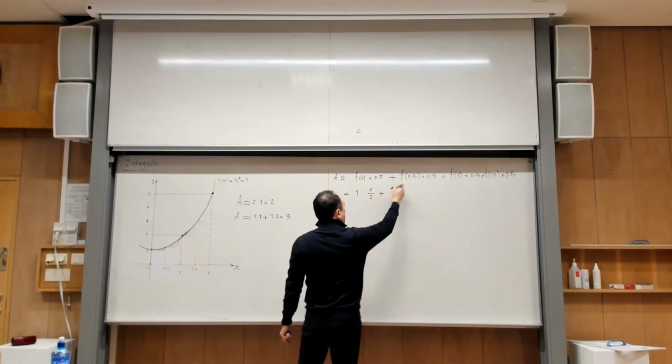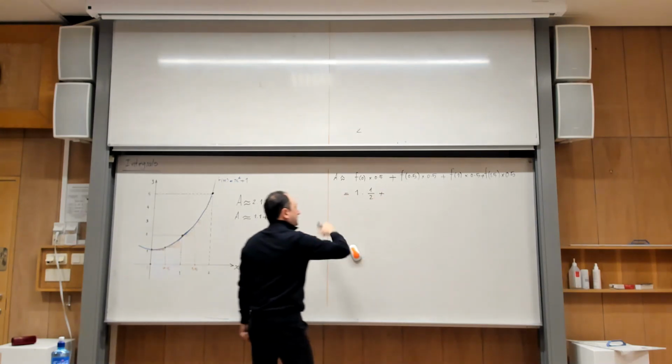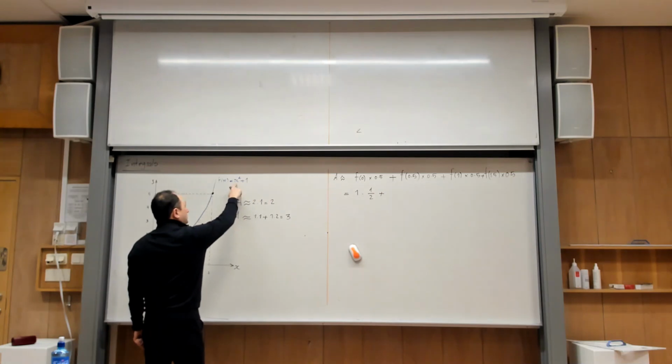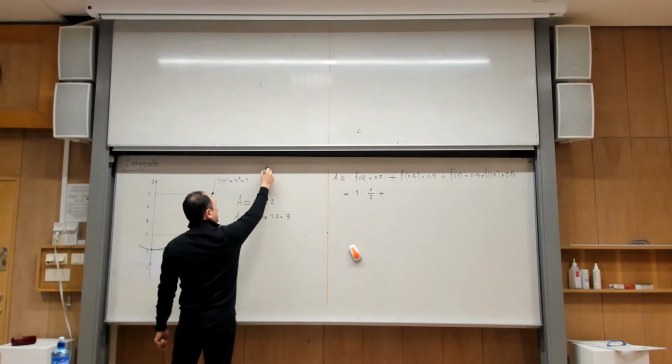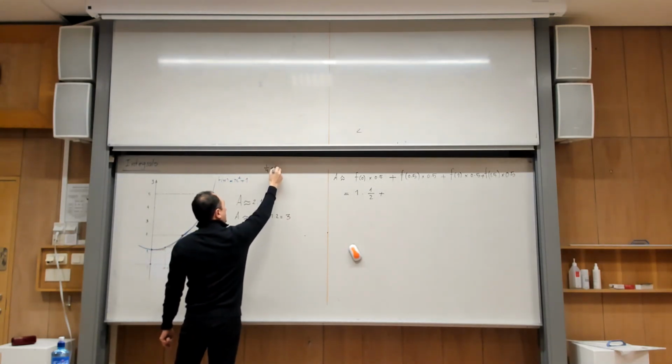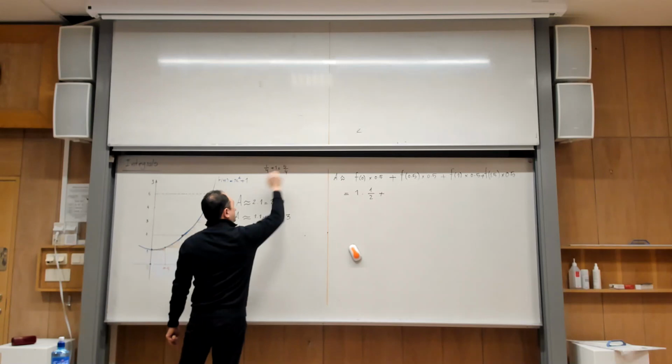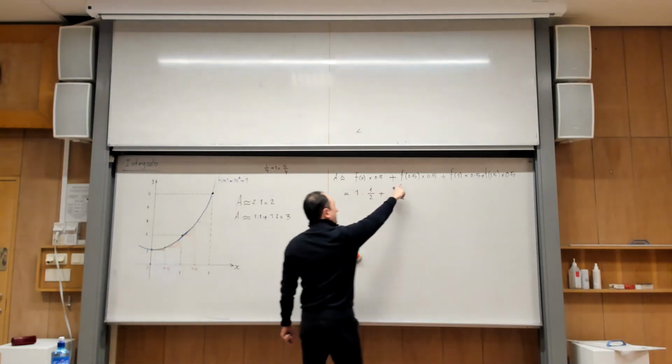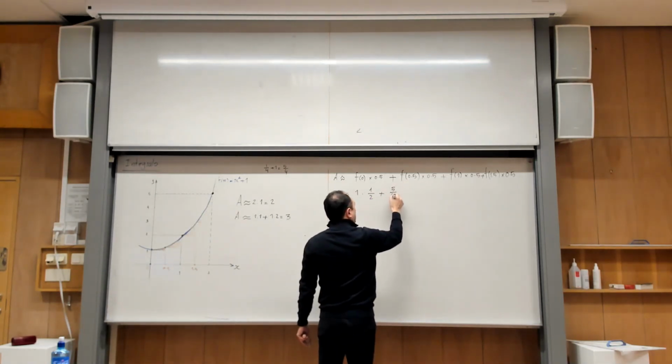Plus f of 0.5. It means that I have to plot 0.5 here. 0.5 is 1 over 2. I put 1 over 2 here, it becomes 1 over 4, and then I have an extra 1, so this becomes 5 over 4. So this number is 5 over 4, and then I have multiplied by 0.5.